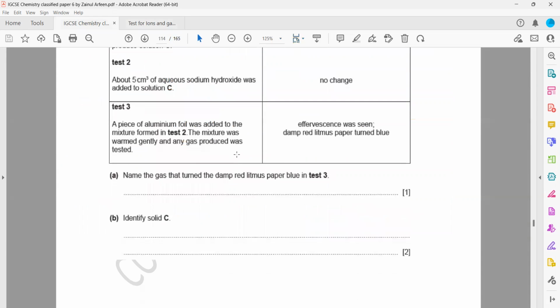Name the gas: ammonia. That is right. And identify the solid. We identified lithium and we identified nitrate, so it is lithium nitrate.